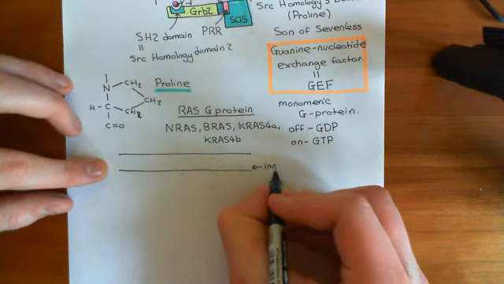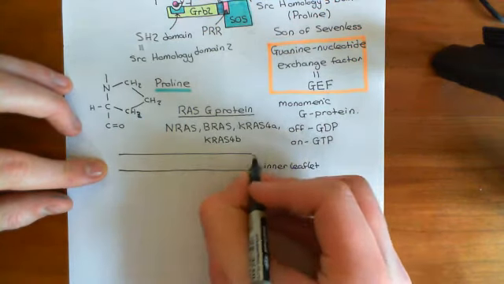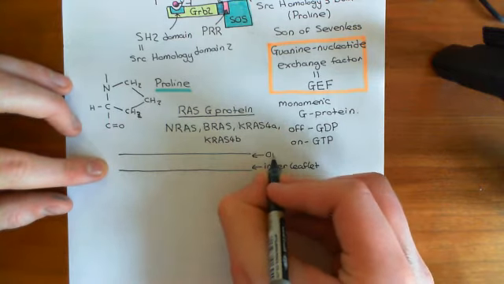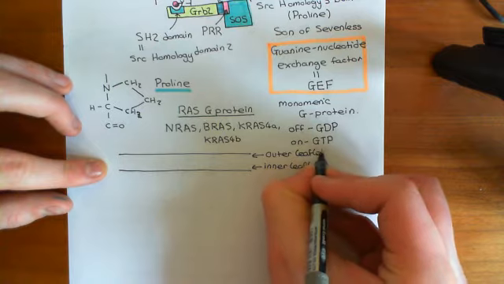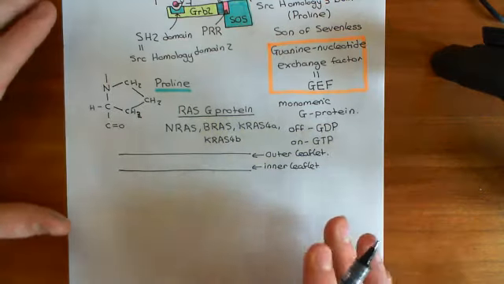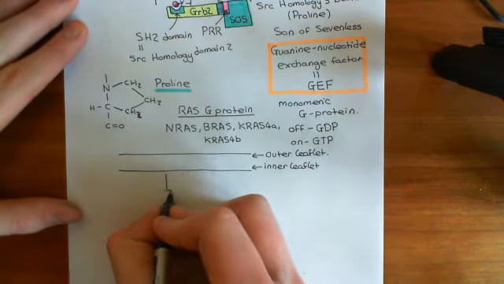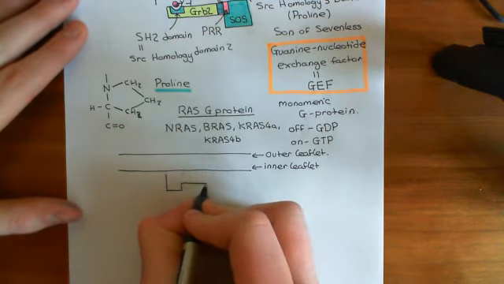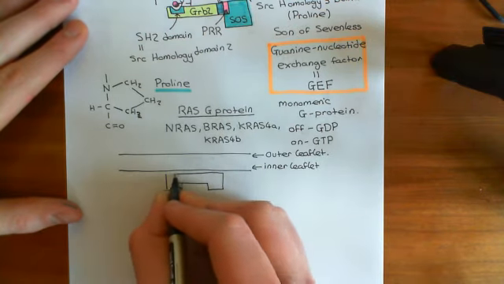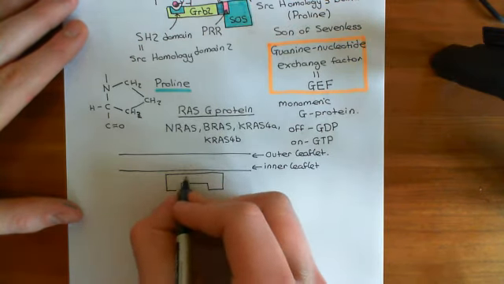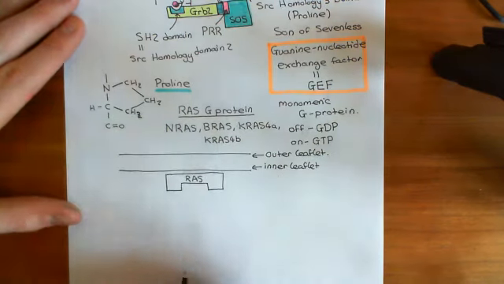So this is the inner leaflet of the phospholipid bilayer, which faces into the cytoplasm, and this layer that faces out into the extracellular fluid is known as the outer leaflet. Now, Ras G proteins are going to be bound to the underside of the phospholipid bilayer. They're not integral membrane proteins, they're not in the membrane, but they're attached to the inner leaflet.